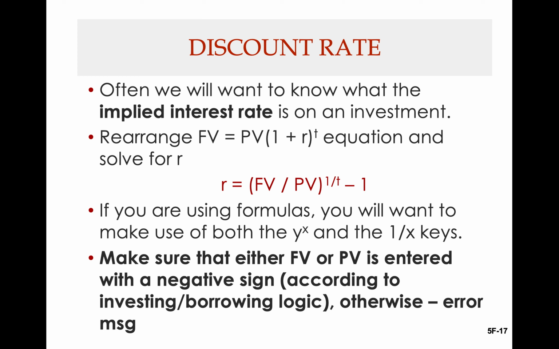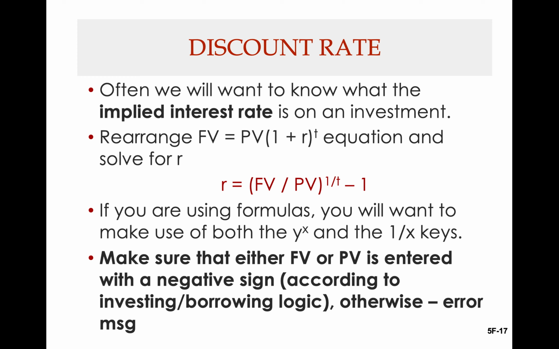You can also use the financial calculator to find that, as long as you know the future value, present value, and number of investing periods. Once you enter this information into your calculator and press R, you'll be able to find the implied interest rate. One important thing to keep in mind is that you need to enter either the future value or the present value with a negative sign, according to the investing-borrowing logic that we talked about on Tuesday.